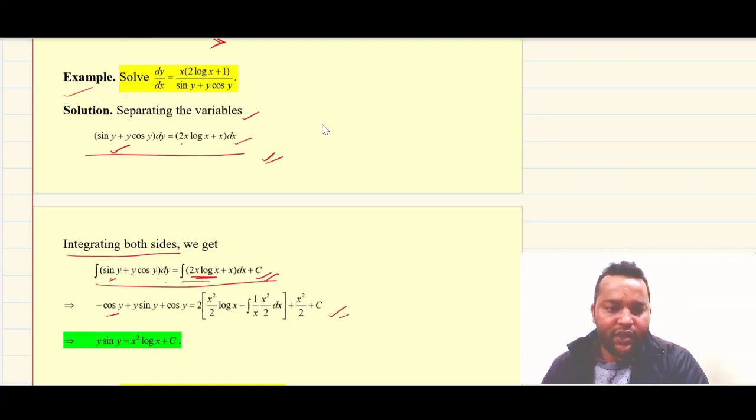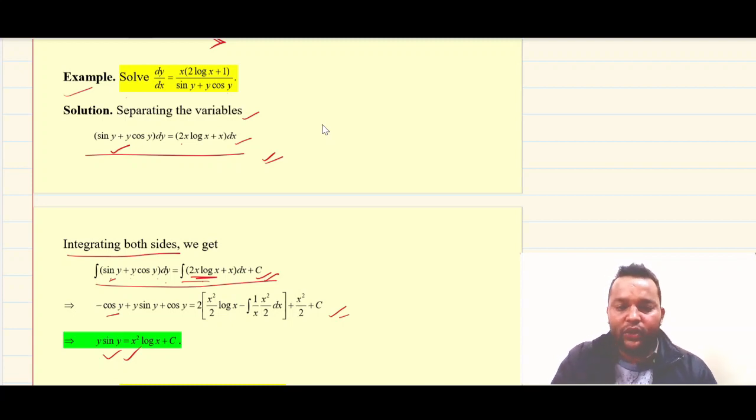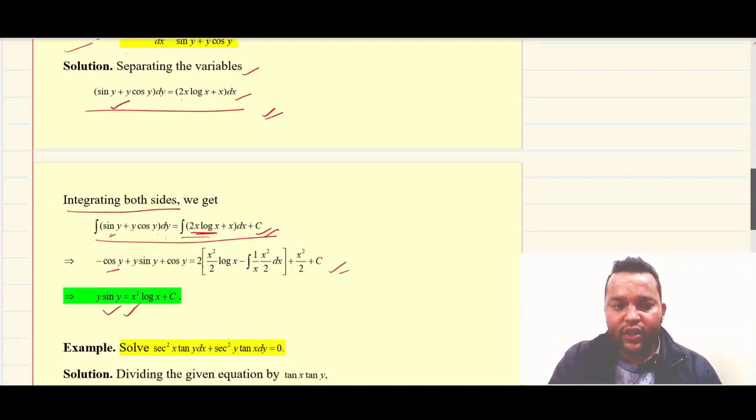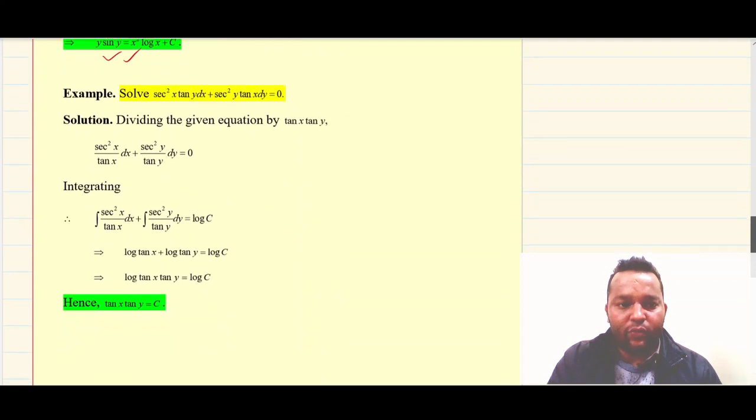So after simplification, this is the required solution. So variable separable form can be easily solved by simply integrating both the sides and adding the constant of integration to any one of the sides.